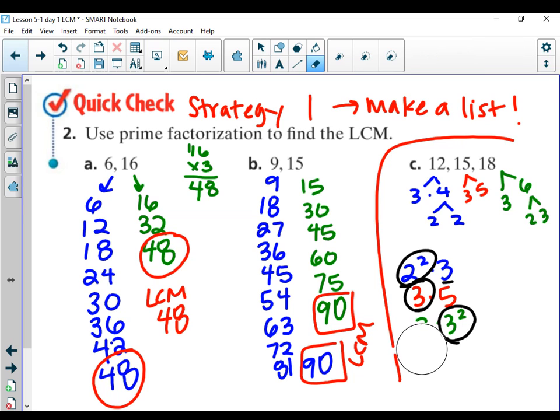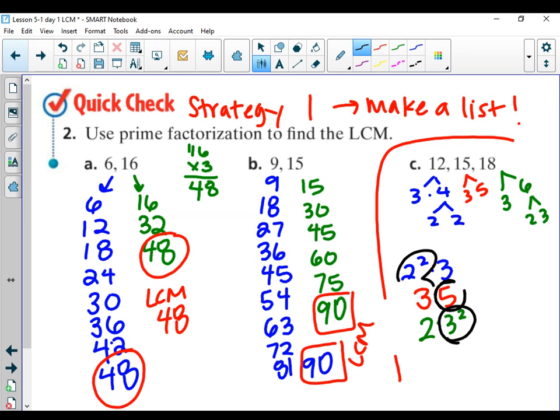Oh, good thing I caught that. And then what's bigger, 5 or no other 5s? 2 squared times 3 squared times 5.